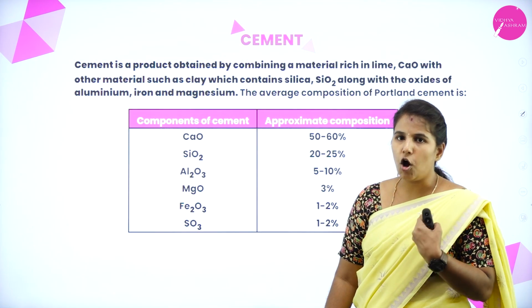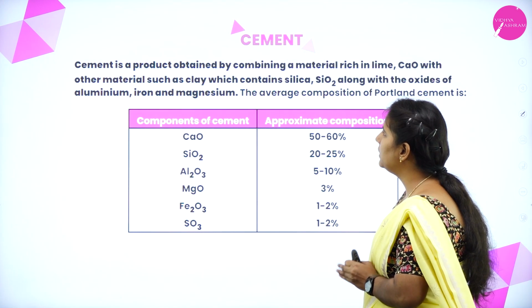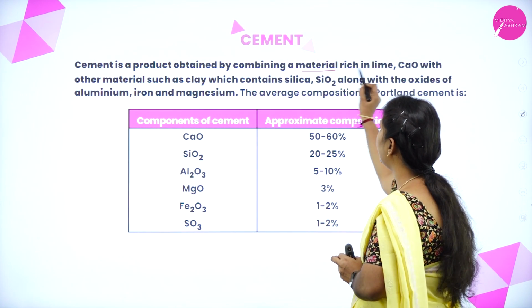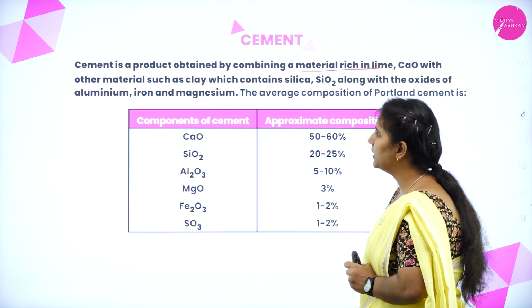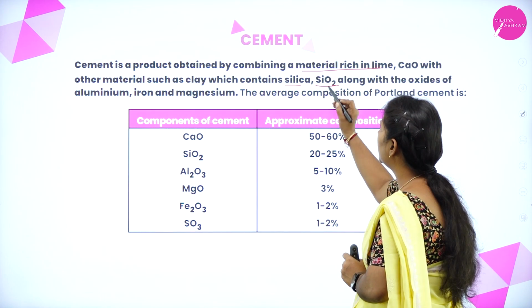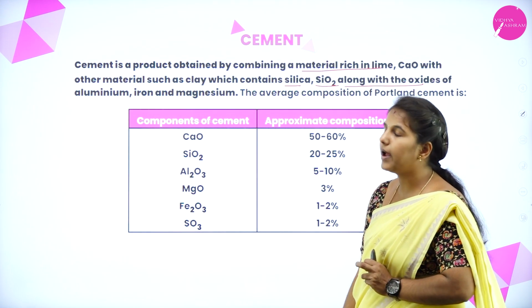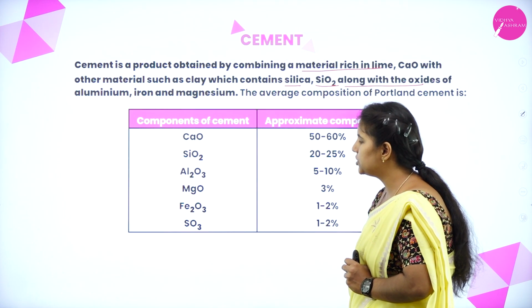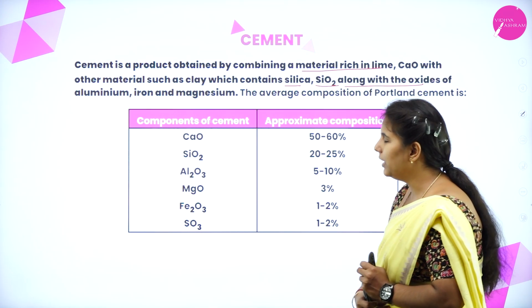Next, let's see the composition of cement. Cement is a product obtained by combining material rich in lime, calcium oxide, with other material such as clay, which contains silicon dioxide along with the oxides of aluminium, iron and magnesium. You can see what components are present in cement.